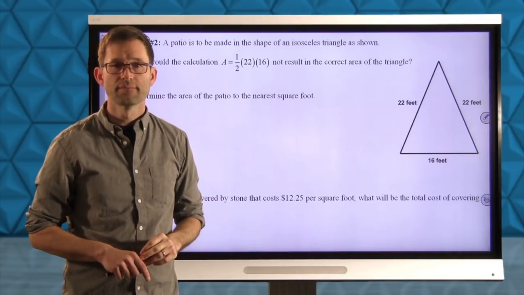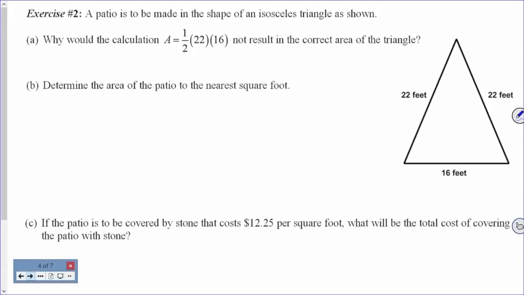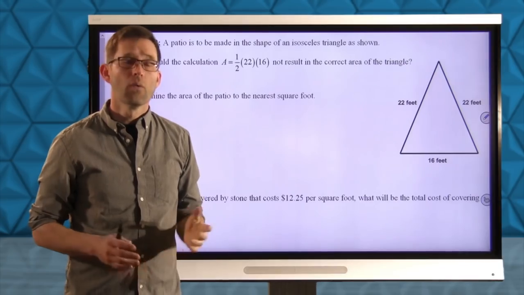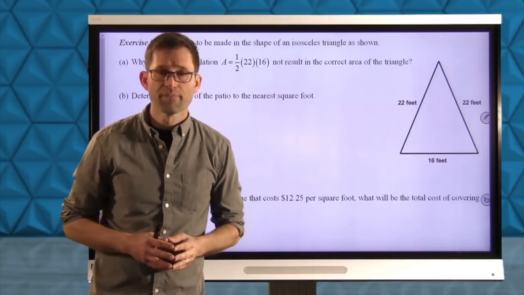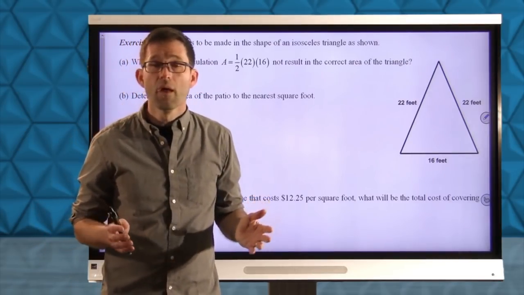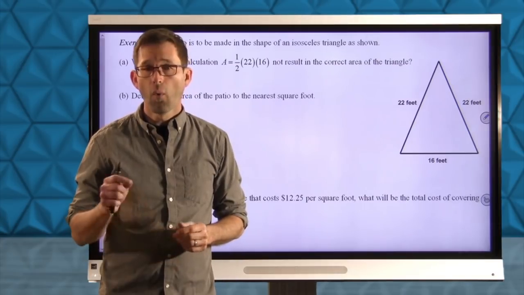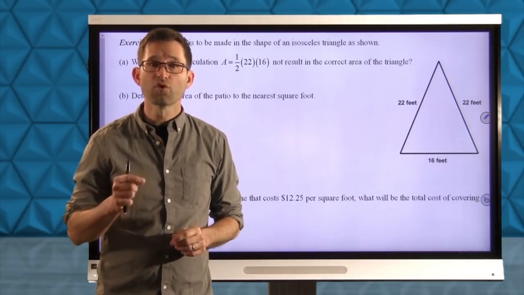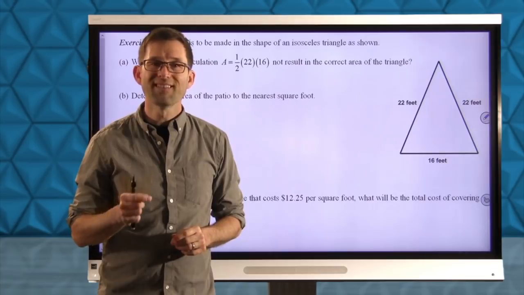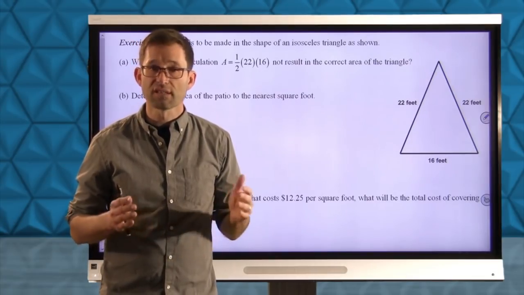Well, there are kind of two ways that you could put this. Number one, you could say simply that the 22 feet is not the height of this triangle. Or you could say that the lengths of 22 are not perpendicular to the length of 16.